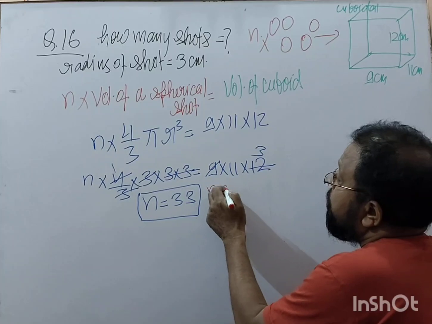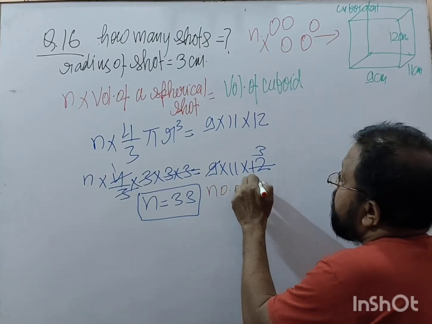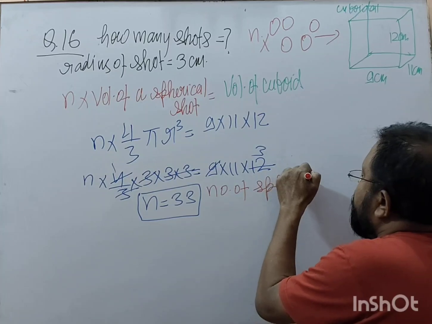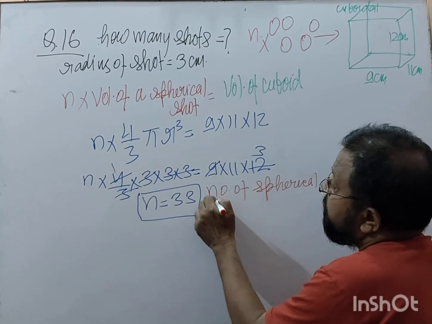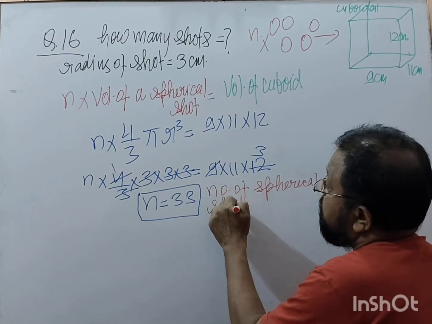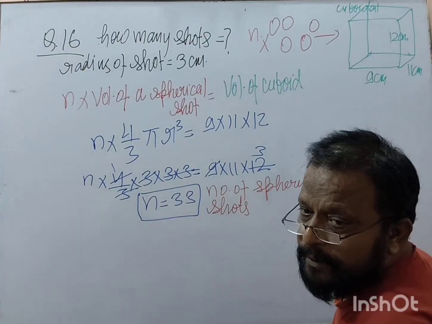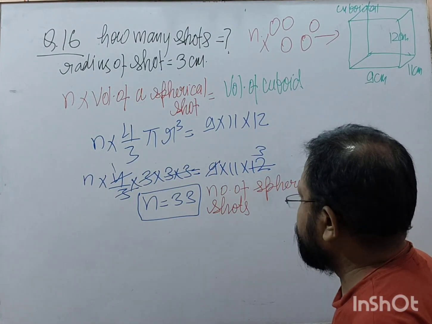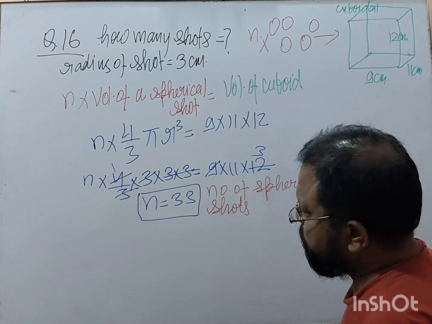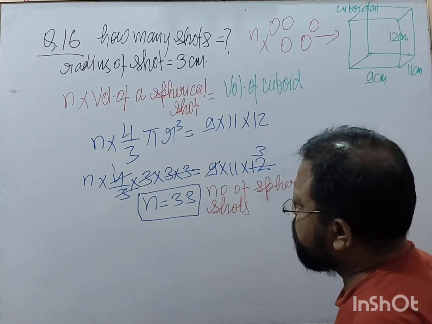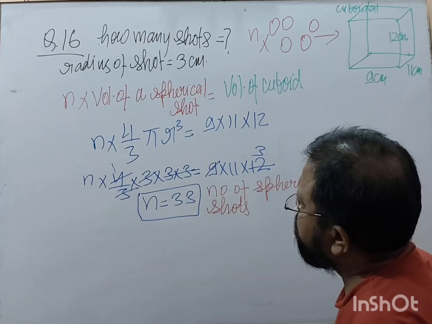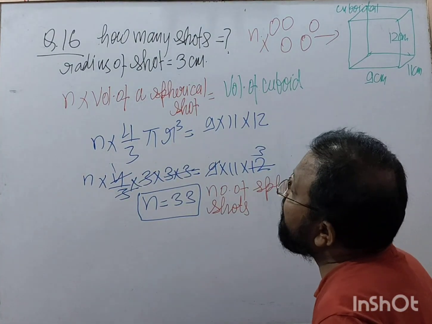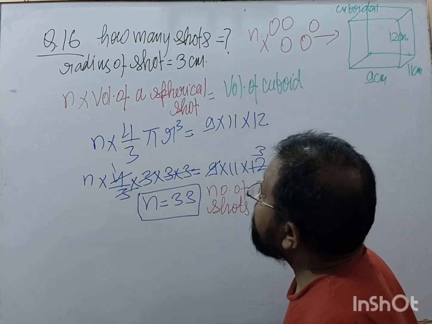Number of spherical shots, 84? How many? 84. Oh, sorry.